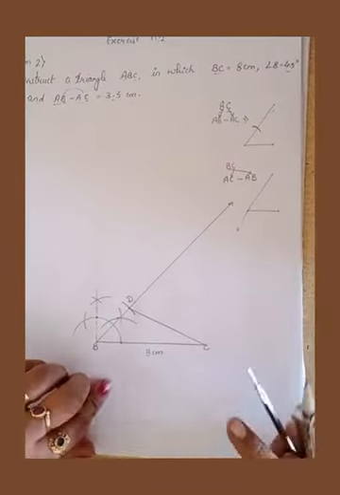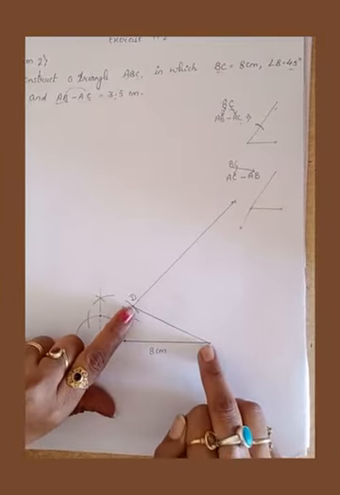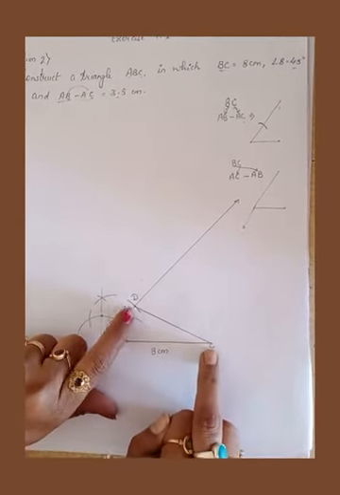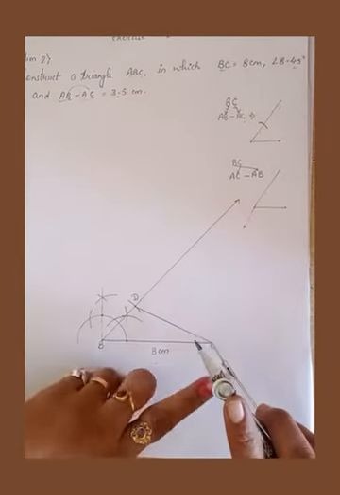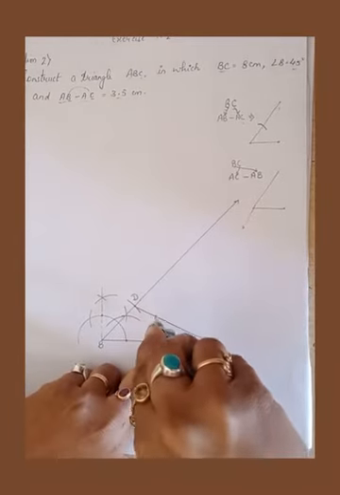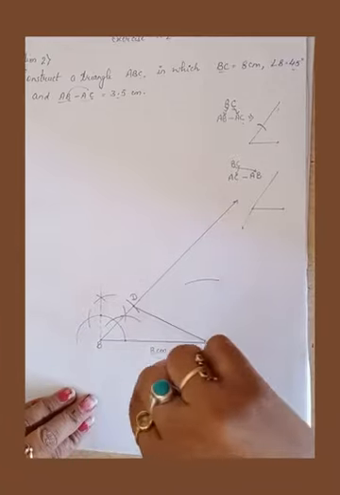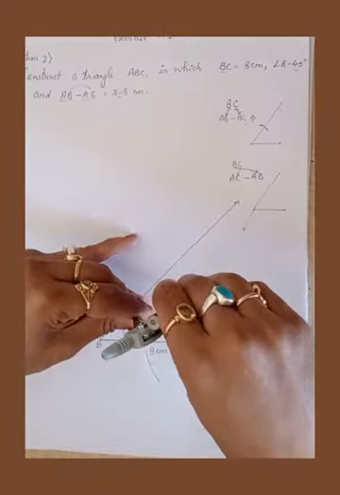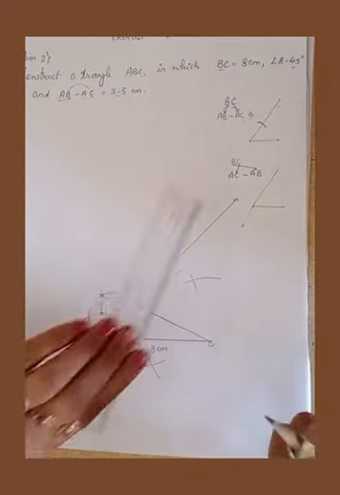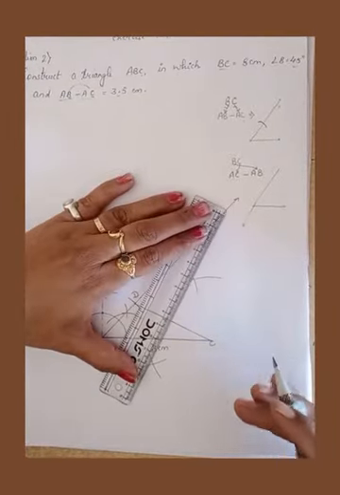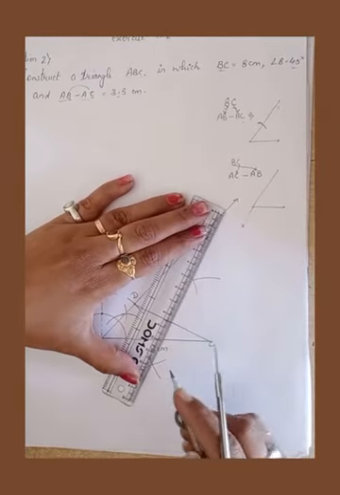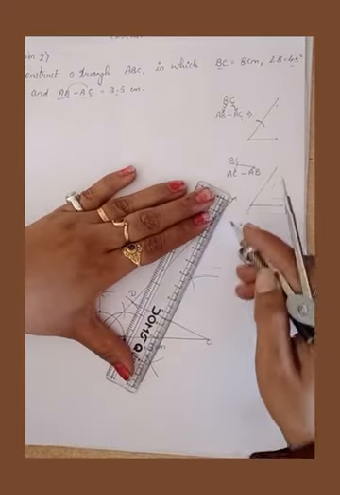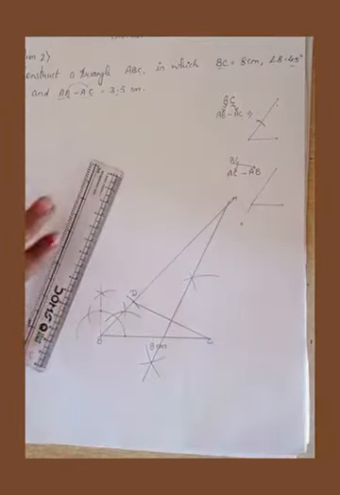Next, we have to draw the perpendicular bisector of this CD. Draw the arcs to both sides with the same measurement. Again draw arcs to both sides and draw a straight line joining them.